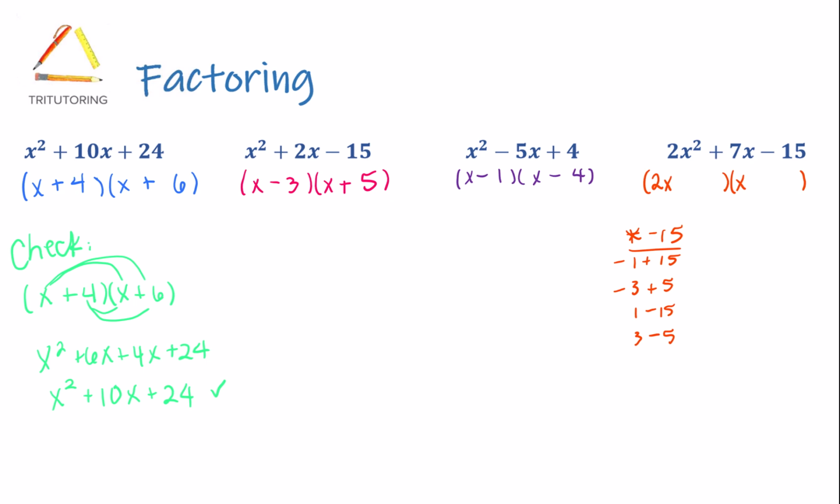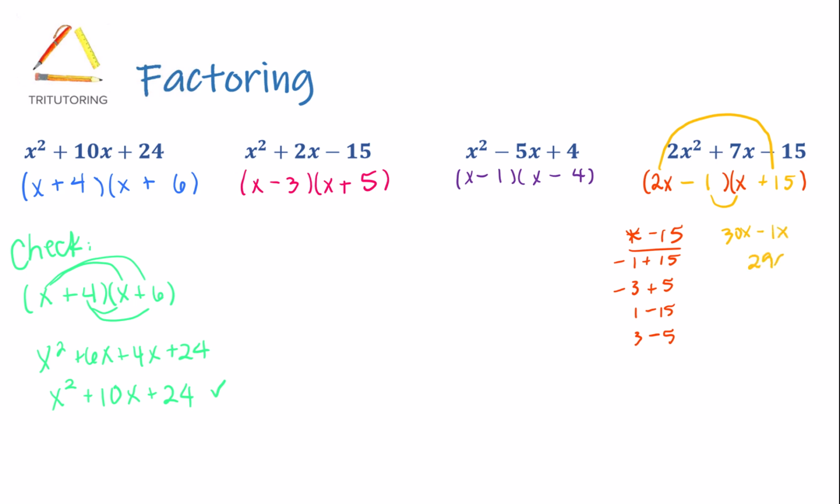Here's why. When we fill in these options as our factors, one of the terms is getting doubled. Notice this term on the far right of my factor is getting multiplied by 2. So if I were to check just this one, negative 1 and 15, I have 30x minus 1x.